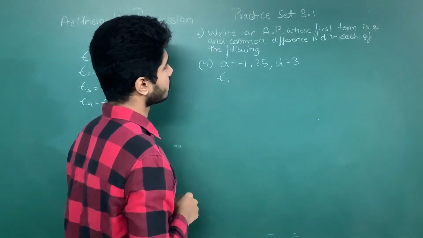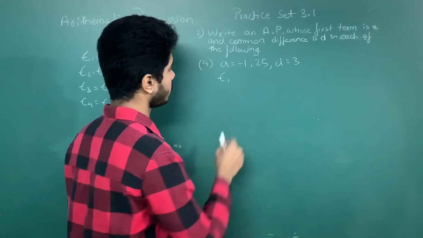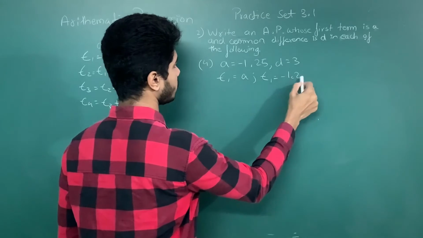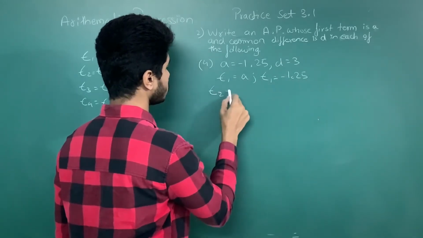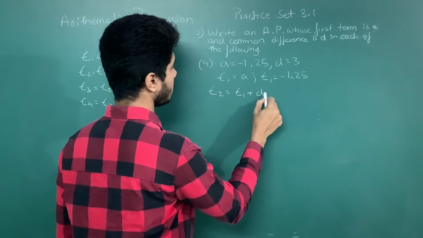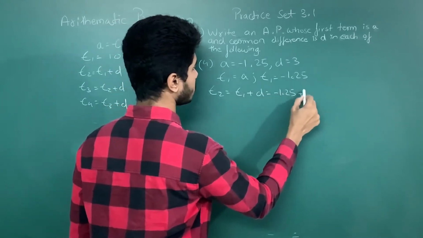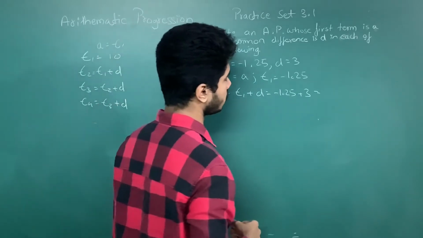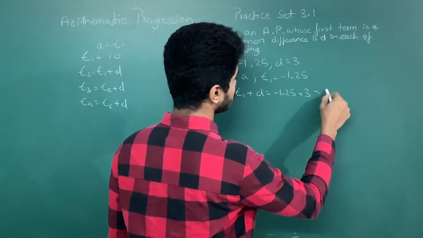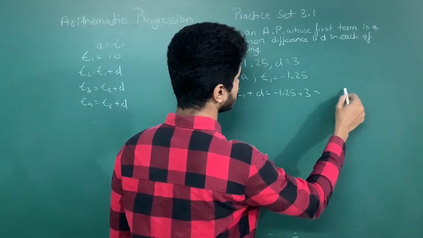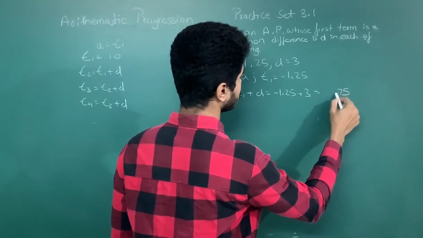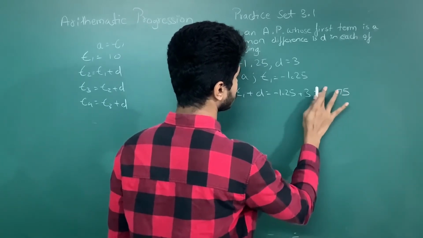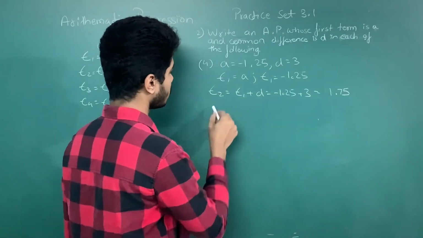Fourth question, A is equal to minus 1.25, D is equal to 3. So T1 is equal to A, so we get T1 is equal to minus 1.25. So T2 is equal to T1 plus D, which is minus 1.25 plus 3, which you get as 1.75.